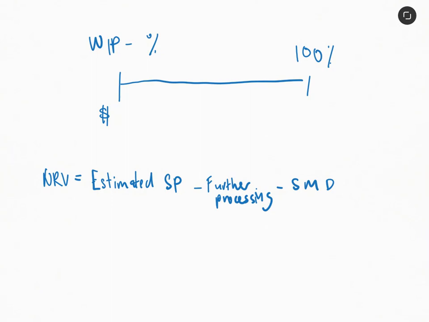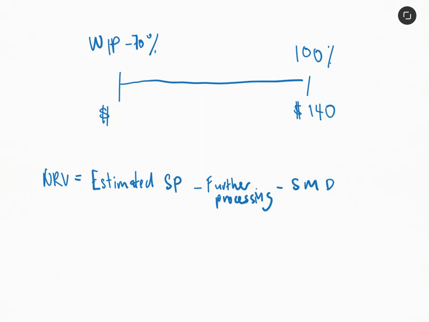So I put here 70%. Calculate the net realizable value, meaning your saleable value at 70%. We don't have a market price for 70%, so we calculate the net realizable value. Do we have a price at 100% complete? Let's say this table can be sold for 140.